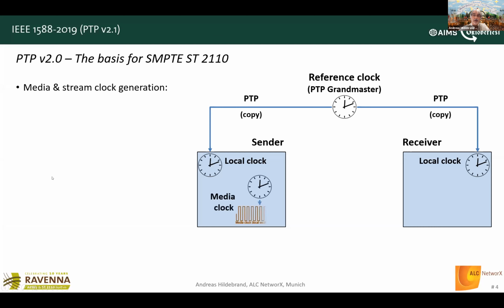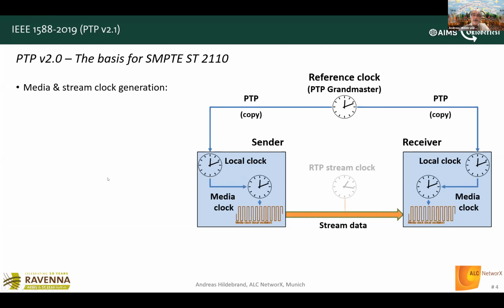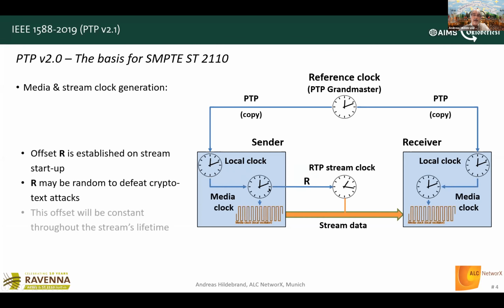Then the media clocks are generated independently in each device by referring back to the local PTP clock copy of the Grandmaster. That happens in the receiver as well. And then a sender can generate a stream with an individual RTP stream clock, but that is bound back to the media clock or to the local copy of the PTP. So the RTP stream clock basically follows the PTP or is generated out of the PTP Grandmaster clock.